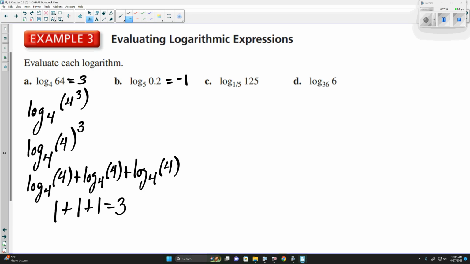Because what they're saying here is log base 5 of 1/5 is -1. Because that would be log base 5 of 5 to the -1. Then log base 5 of 5 is 1. We would technically bring the -1 up front and get -1.